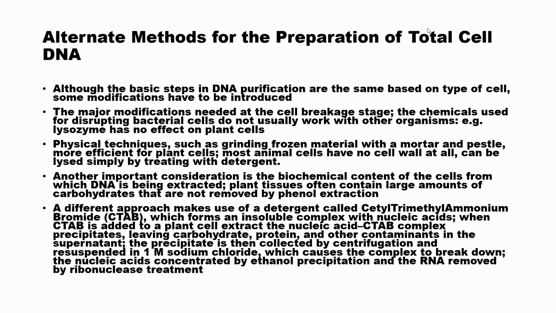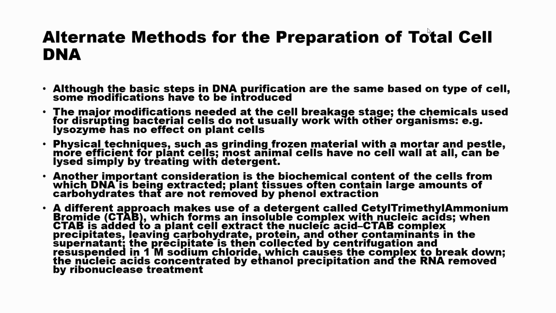There will be some differences, variations, or modifications in the process, but the basic process remains the same. So you have to have an idea about chromosomal DNA isolation in order to continue with plasmid DNA isolation or phage DNA isolation.